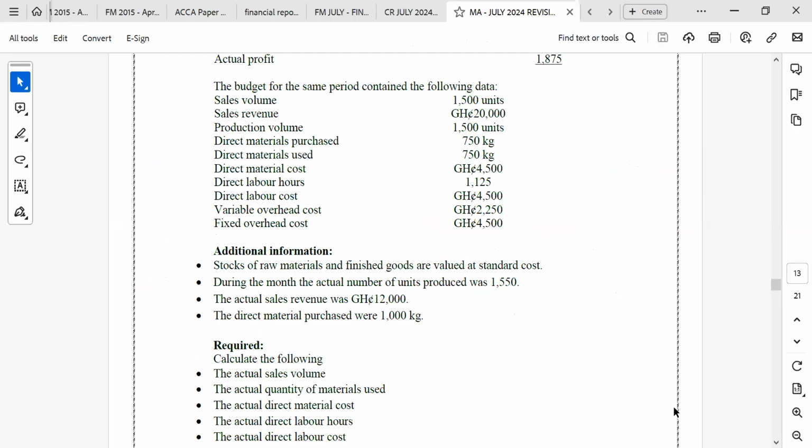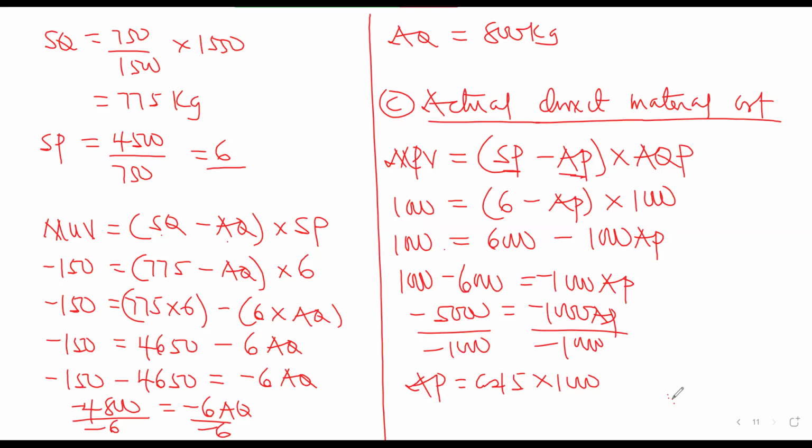They are asking for the actual direct material cost. So the total cost will be that multiplied by the actual quantity. So the actual direct material cost is 5,000. They are not asking for the price per kilogram. They are asking for the total cost. So that will give us 5,000.